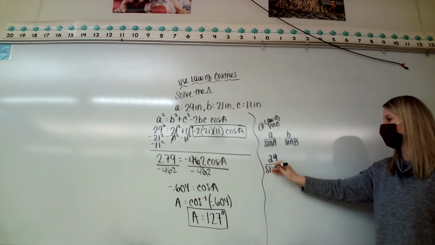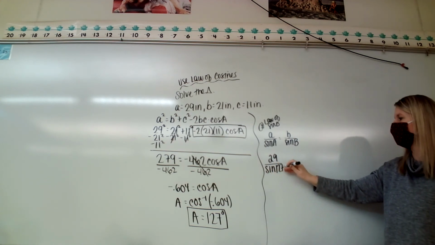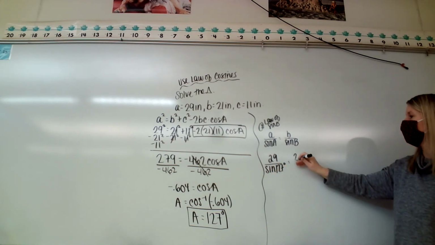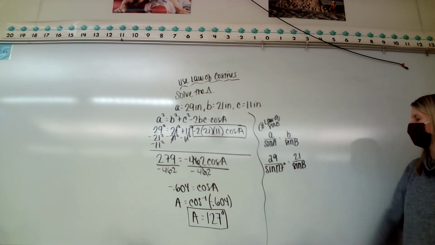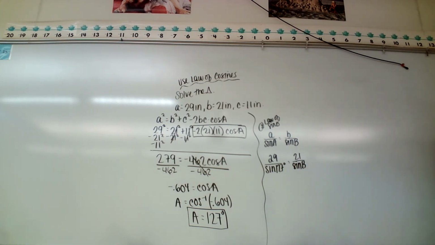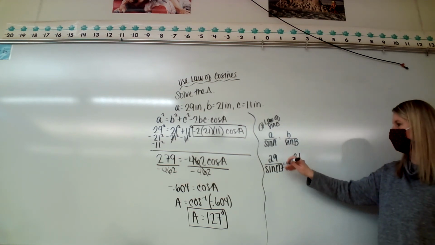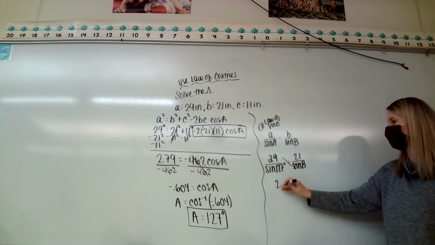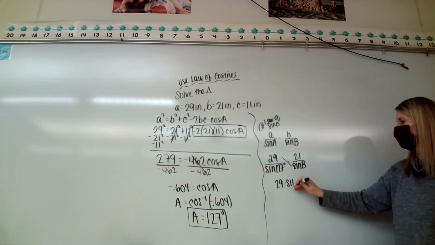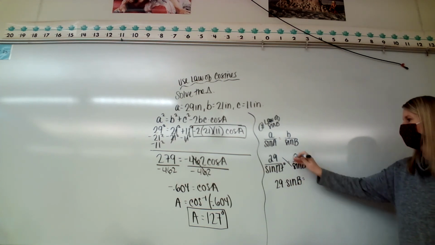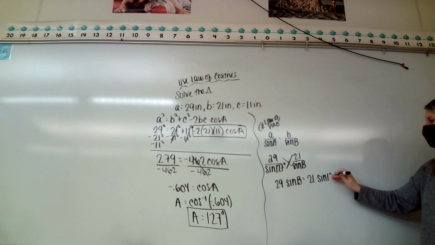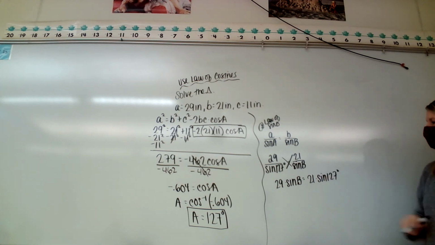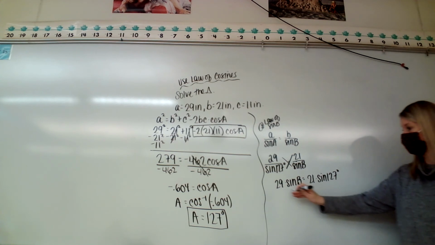29 over sine 127, so that was A over sine A, equals 21 over sine B. This is a good little review from last week. We cross multiply. Cross that way. We divide.